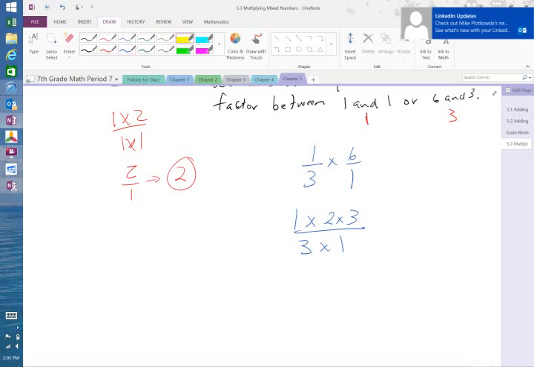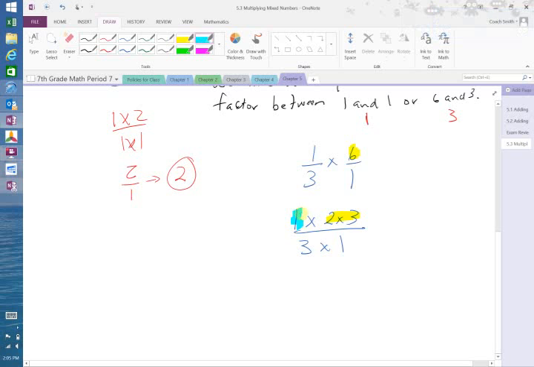In other words, this right here represents the 6. This represents the 1. This represents the 3. And this represents that 1. Then I'm just taking and canceling out any of them that are the same. Well, that 3 and that 3 cancel out. And that leaves me with what on top? 1 times 2, right? Okay, so that leaves me with 1 times 2 on top and 1 on bottom. 1 times 2 is 2 over 1, which is equal to 2.